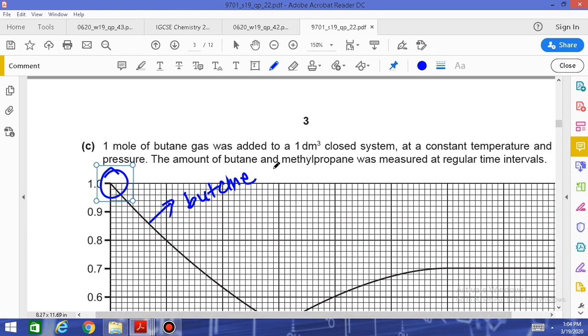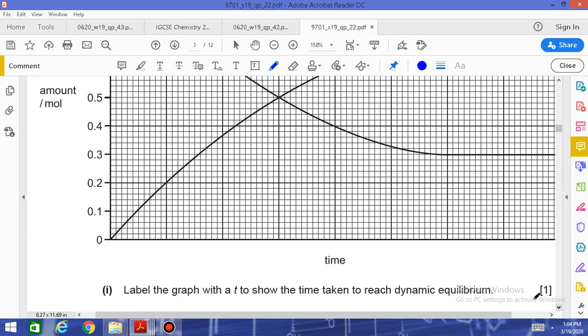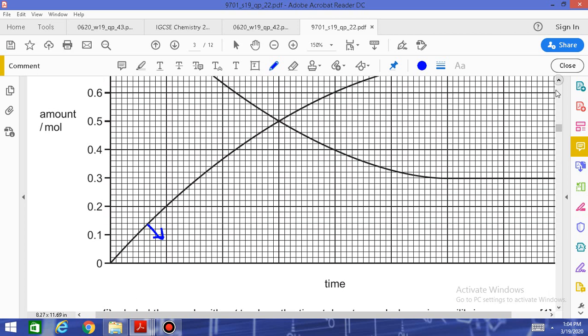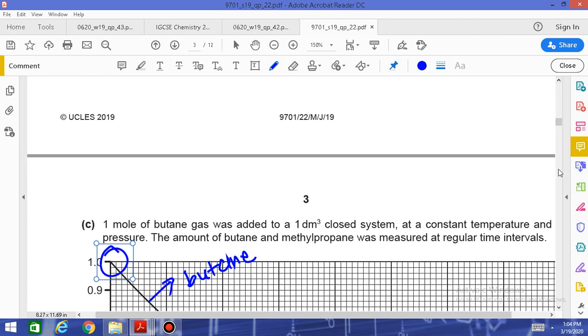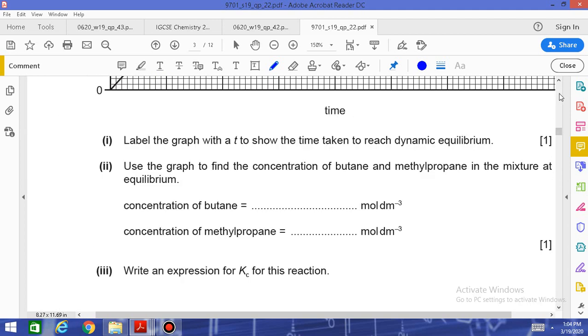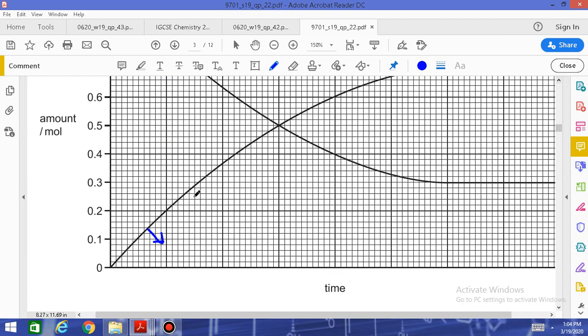The amount of butane and methylpropane was measured at regular time intervals. So this graph represents the mole and time of methylpropane.